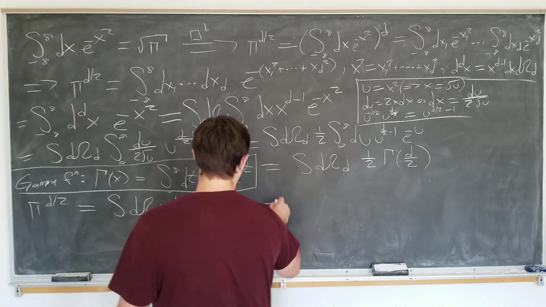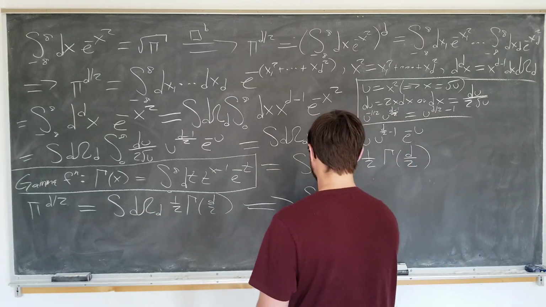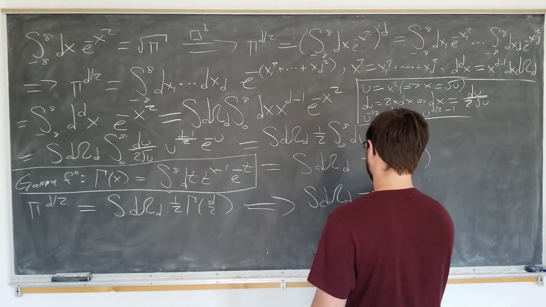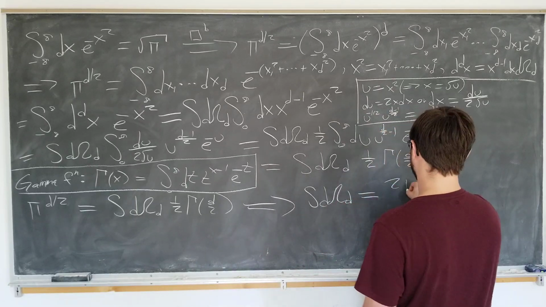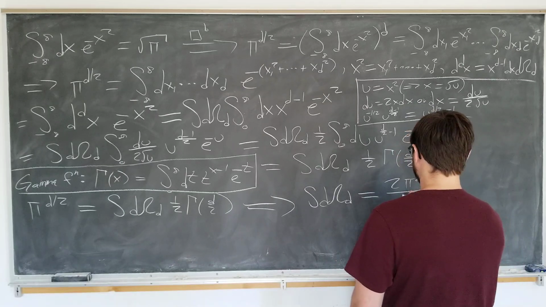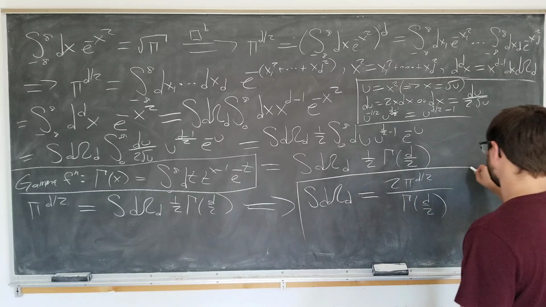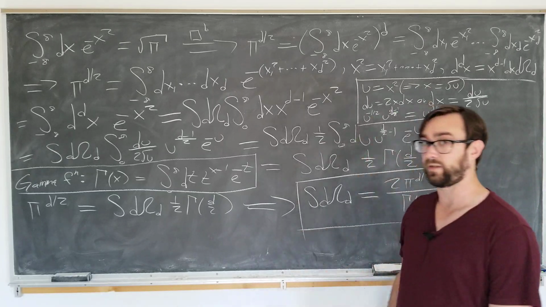We can now easily solve for the integral of dΩ_d. This is now equal to 2 pi to the d over 2 over gamma of d over 2. Great. It's an important formula. Tell your friends. This is the main result of the video.